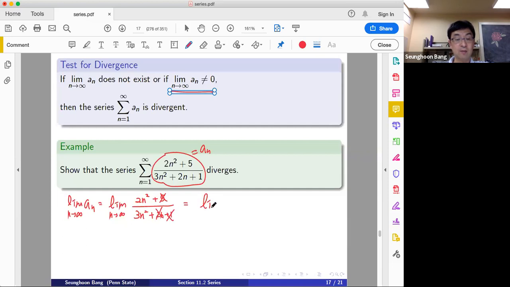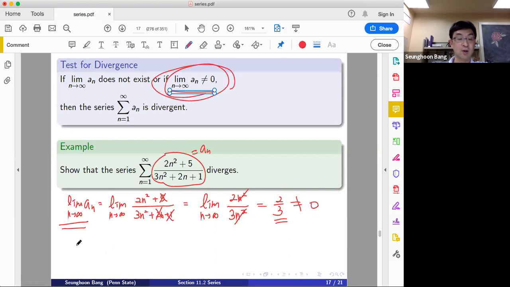The limit as n approaches positive infinity of 2n squared over 3n squared. So what happens? n squared is crossed out, and the answer is 2/3. The limit of an is 2/3, which is non-zero. What does it mean? We can use the test for divergence. What's the conclusion? The series is divergent.